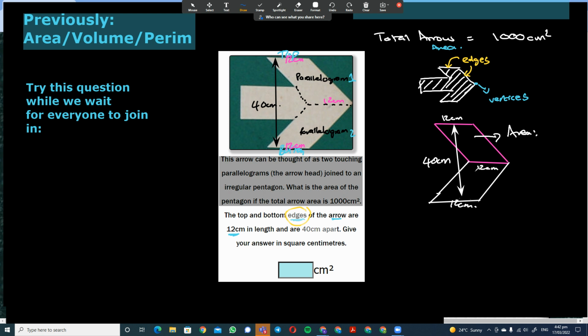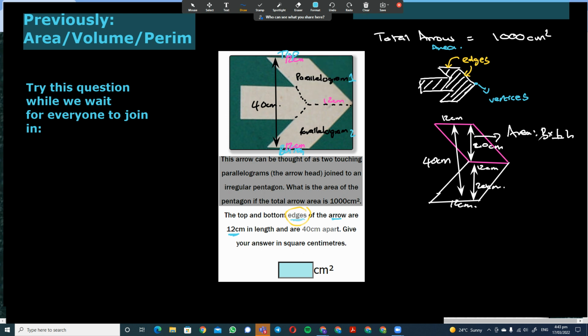Now, if this is 40 centimeters, that means I can calculate each individual height. Each individual height will be half of 40, and that's going to be 20. So 20 centimeters and 20 centimeters will be my height. Now, the area of a parallelogram is given by base multiplied by perpendicular height.